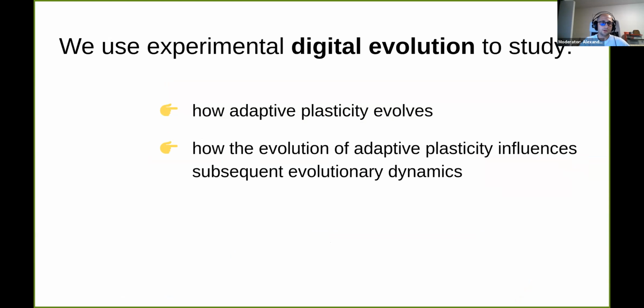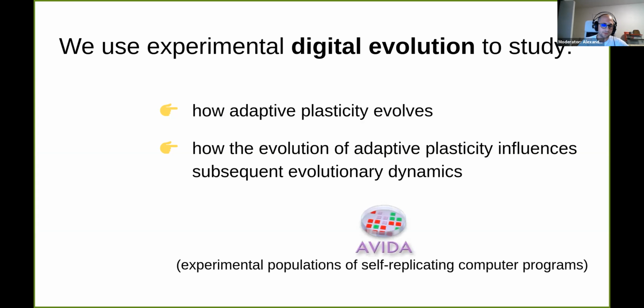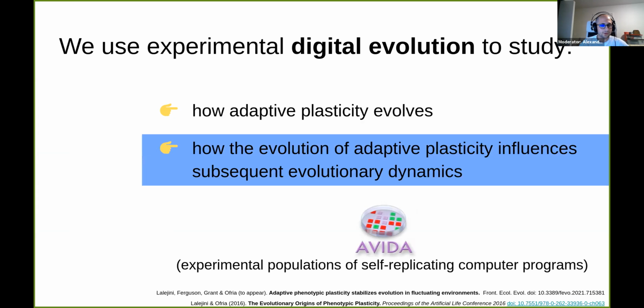And so we use experimental digital evolution to study how adaptive plasticity evolves, and then also how the evolution of adaptive plasticity influences subsequent evolutionary dynamics. Specifically for this work, we use the Avida digital evolution platform, which is this nice open source software system where we have experimental populations of self-replicating computer programs. And in this talk, I'm going to be specifically focusing on the evolutionary consequences of phenotypic plasticity.